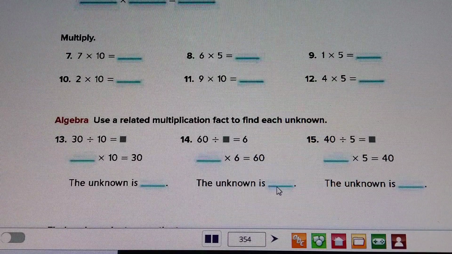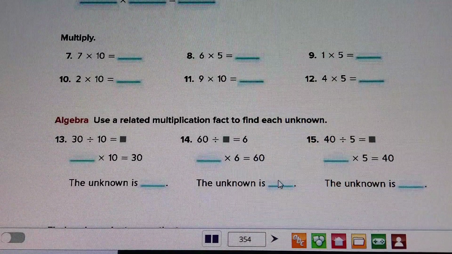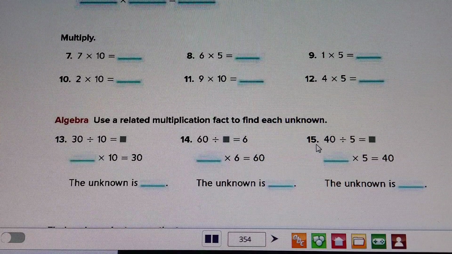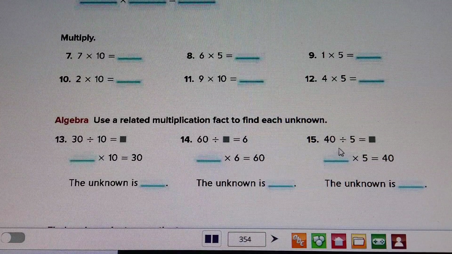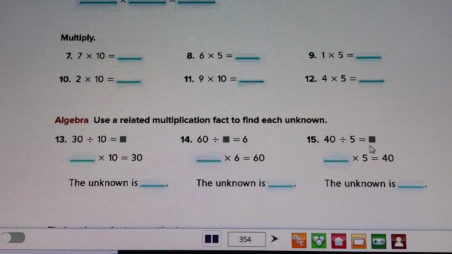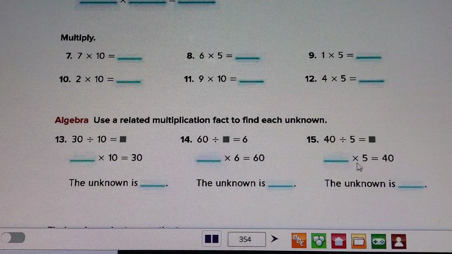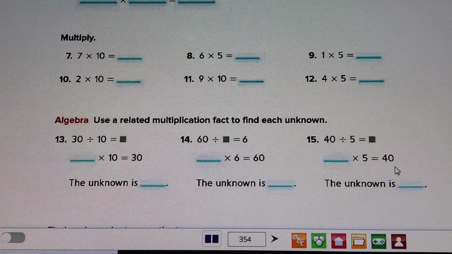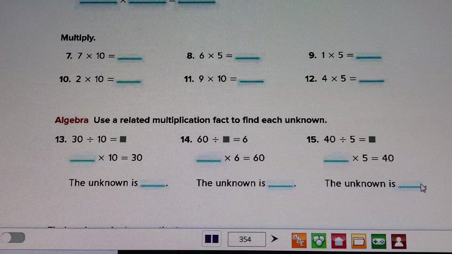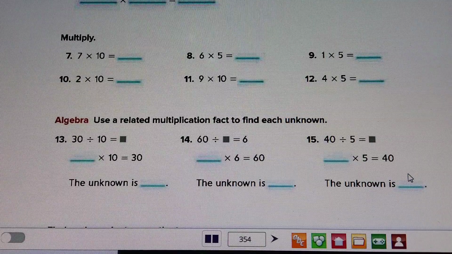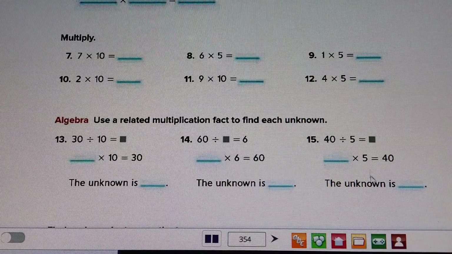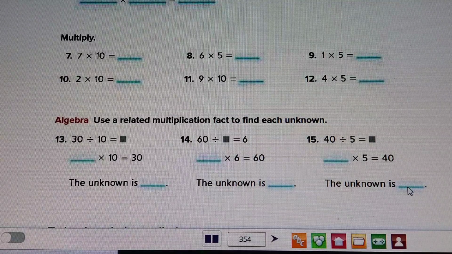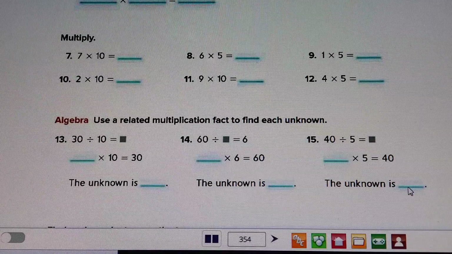Fill it in right here. 15, 40 divided by 5 equals unknown. Unknown times 5 equals 40. You can just count by fives and see how many you need to get to 40. All three of these will be the same number.